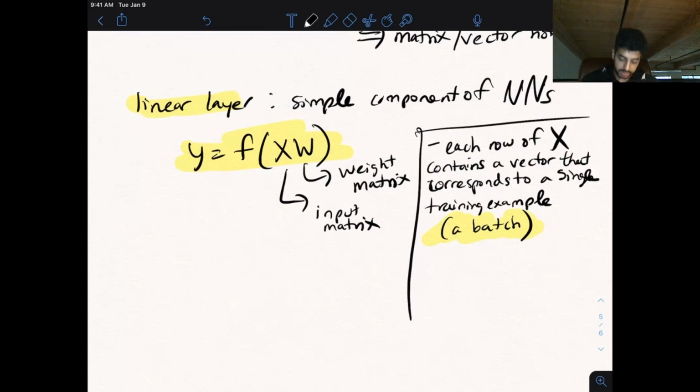Okay, so let's introduce some variables here. N is the number of examples, or the batch size.